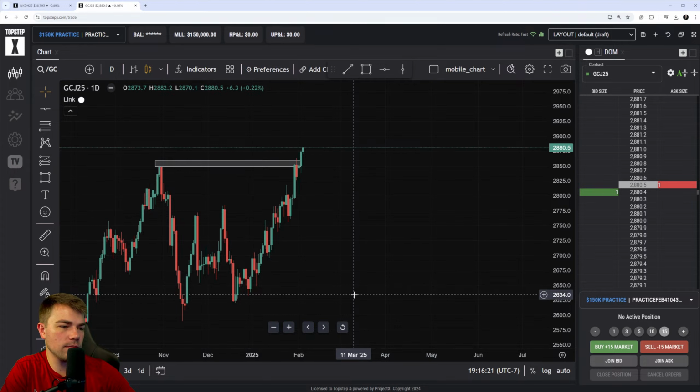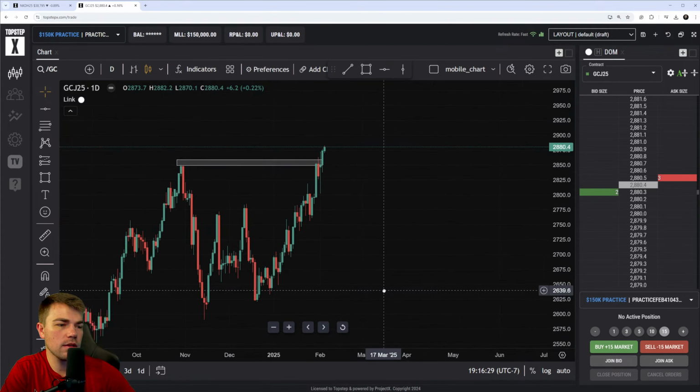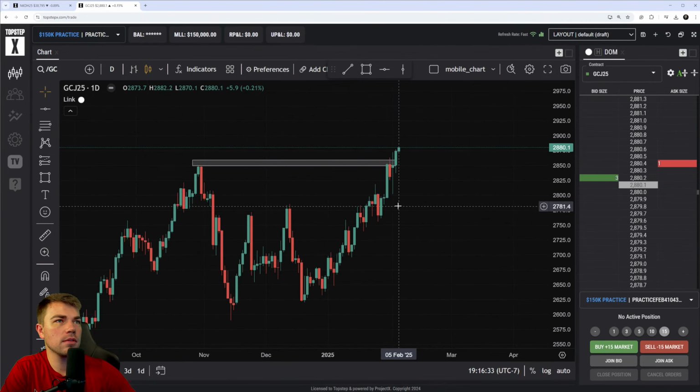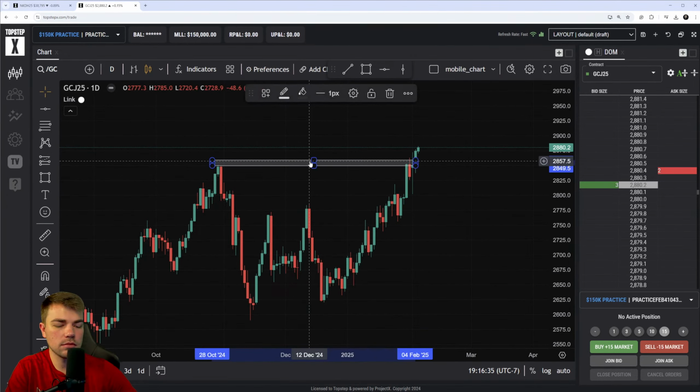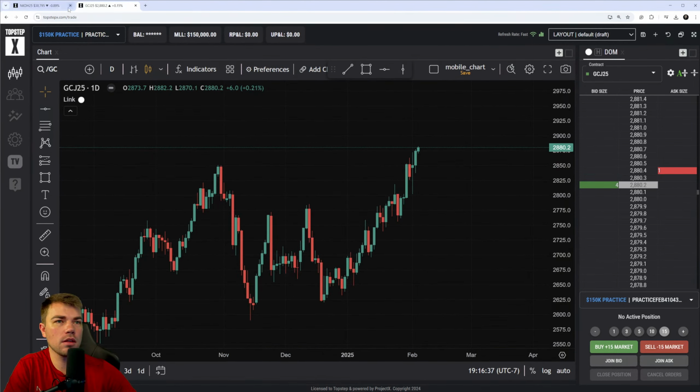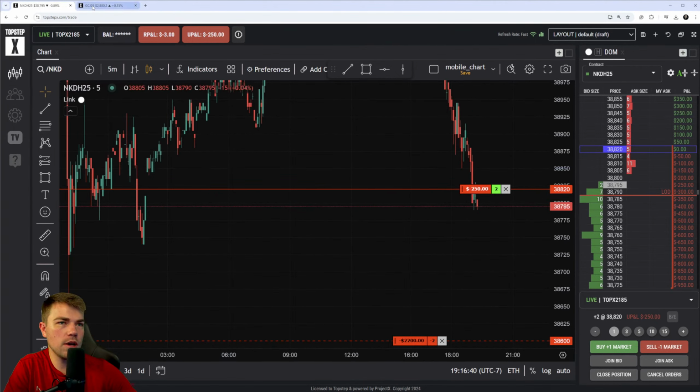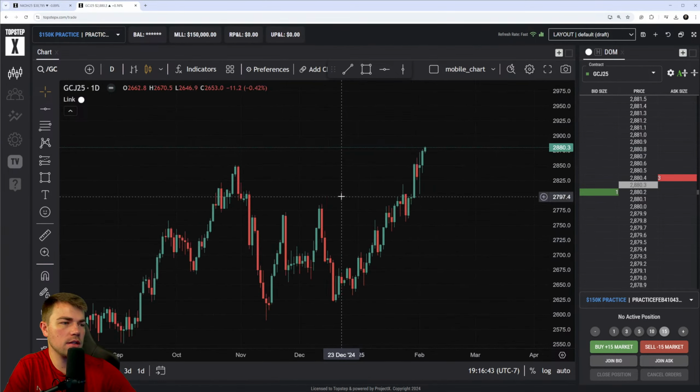We're up what, $200, $250 from this year already. Nikkei's not moving much, and this is not moving much.